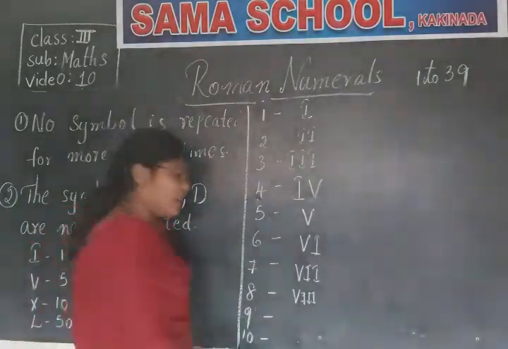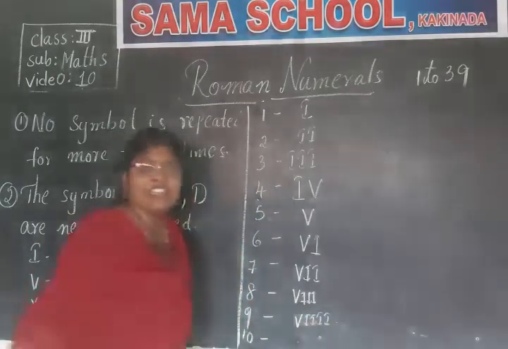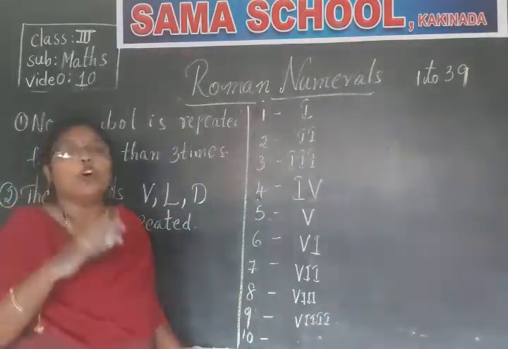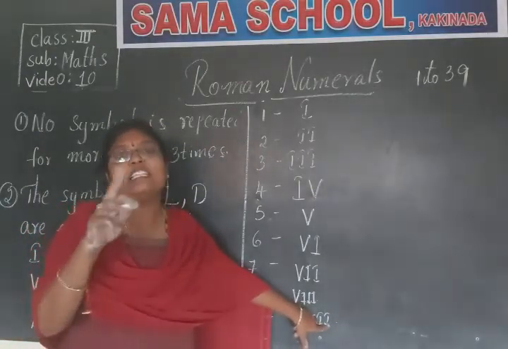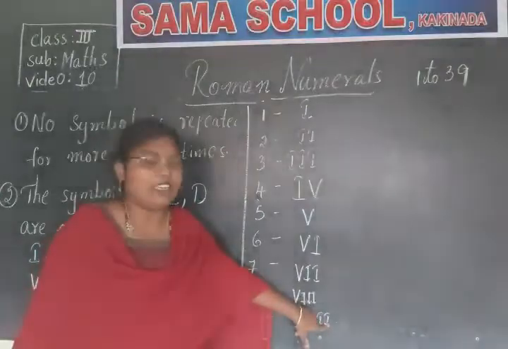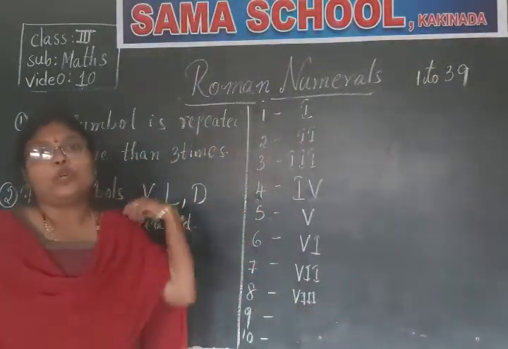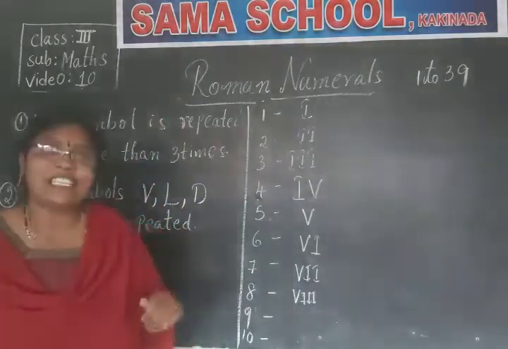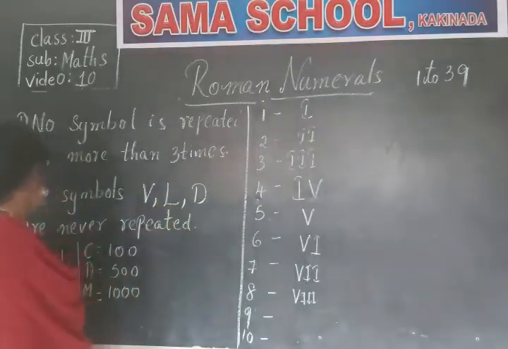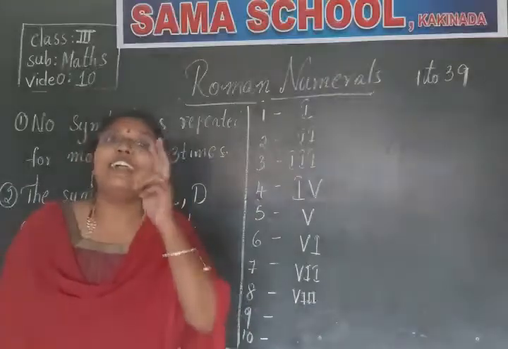Coming to 9. Can we write V and four I's? Can we write like this? No, we should not write four I's because we know that no symbol is repeated for more than 3 times. So we should not write it. Now what do we have to do to write 9? Again you have to take the help of the next symbol. What is the next symbol after V? It is X. And X is for 10.